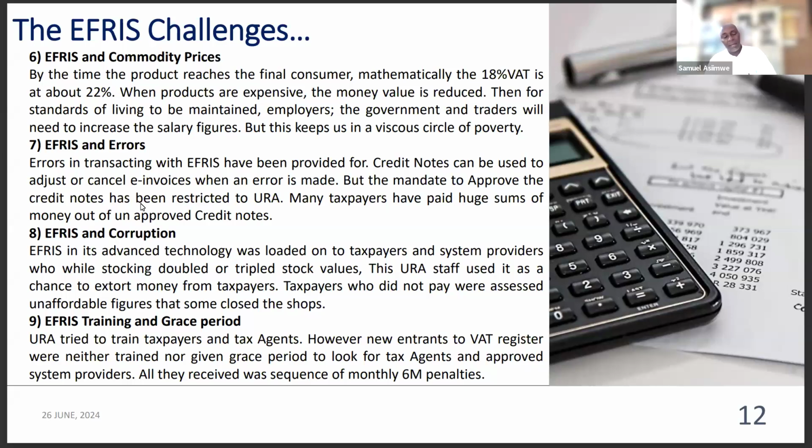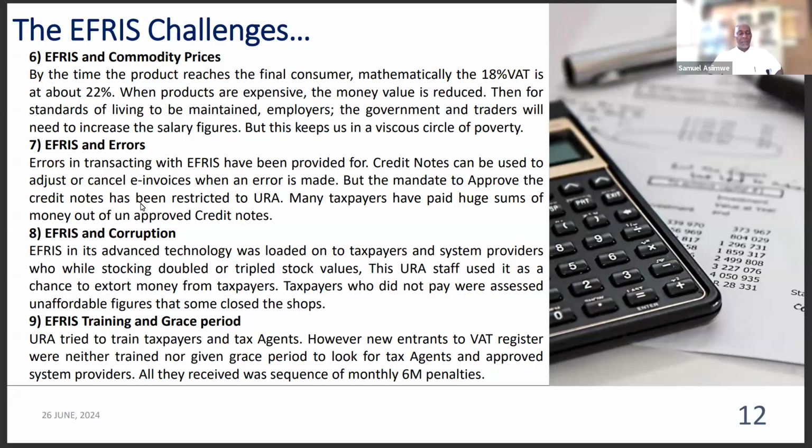You have decided in January, you say, I now qualify to be on the VAT register. The qualification is that your turnover is 150 million per year. You qualify to register, so you register in January. But URA is not next to you to train you.